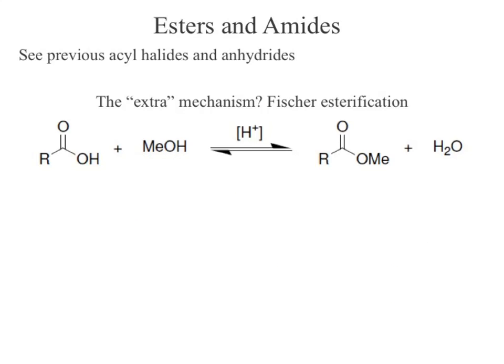Esters and amides. Here's your extra mechanism only because it gets named and it's very commonly done in labs. I just find it kind of a boring lab, so we didn't do it. So what's happening with this mechanism? Minimally, how many steps are we going to have?